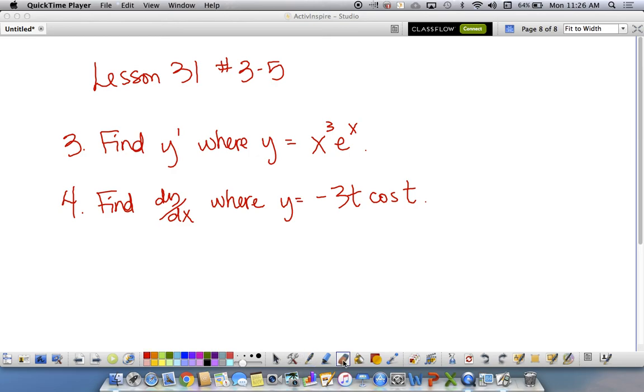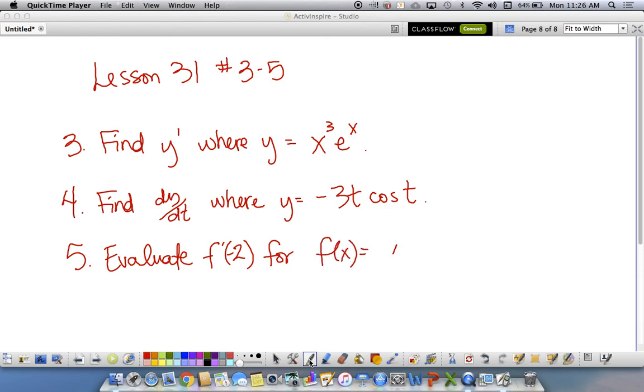I immediately wrote dy/dx, but it should be dy/dt. I get crazy like that, you know. But I see it. Number 5 says evaluate f prime of negative 2 for f of x equals x squared natural log absolute value of x.